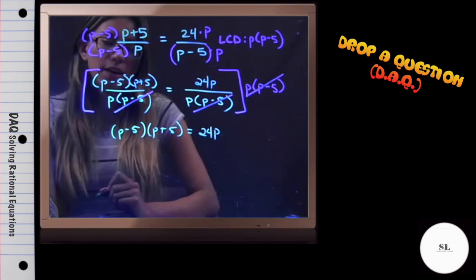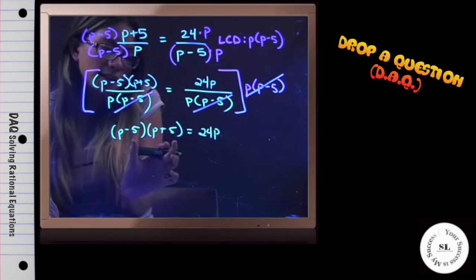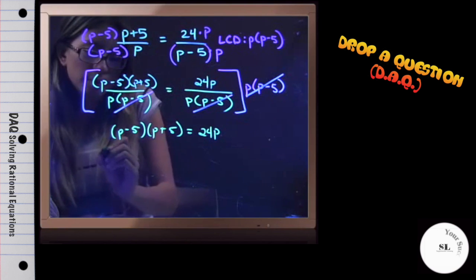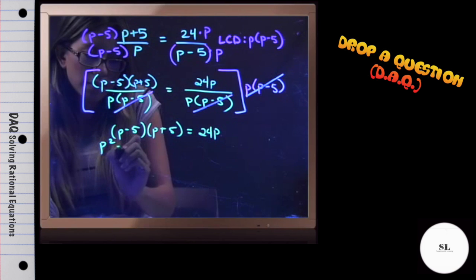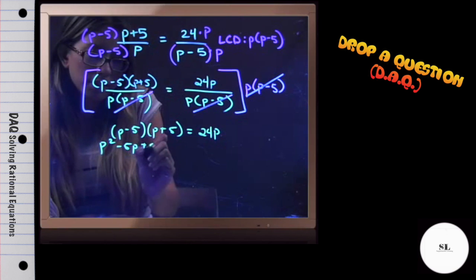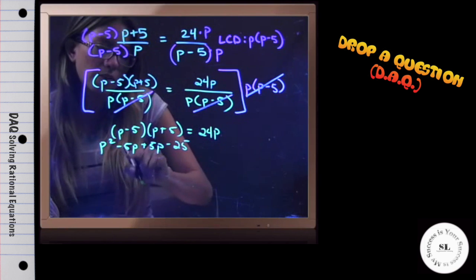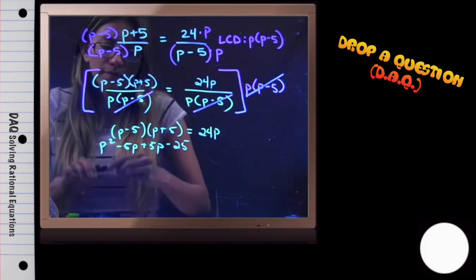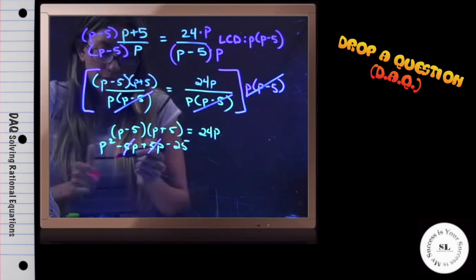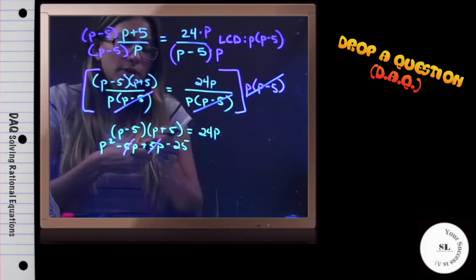And now to solve for P, we can FOIL. This is a difference of squares, so our middle terms will cancel out. We'll have P squared minus 5P plus 5P minus 25. That's where our middle terms will cancel out, equaling 24P.